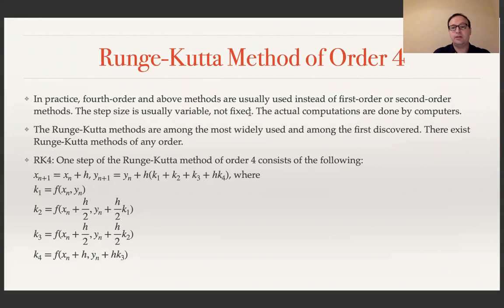Also, another thing that can lead to an improvement is that the step size is usually variable, not fixed. So there are, as I said, ways of estimating the error, and on intervals on which the error looks like it will be larger, the algorithms use more steps. And all of this is done automatically by computers, including the selection of the step size and the selection of the numerical method.